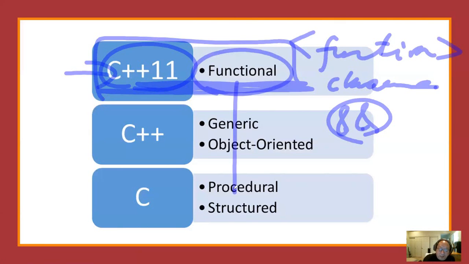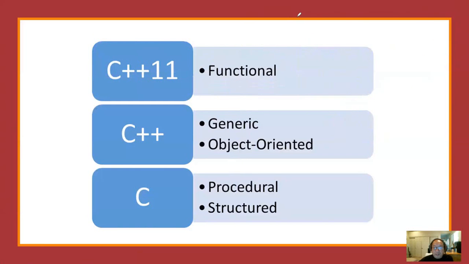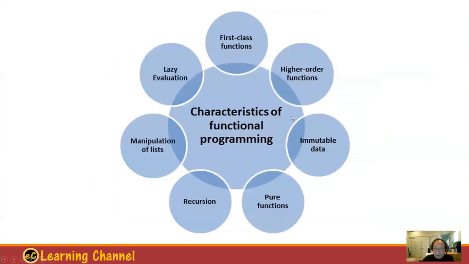So as you can see, the programming paradigm is moving this way, and Python has all of these built into its language structure. The characteristics of functional programming include first-class function and higher-order function, immutable data, pure function, recursion, manipulation of lists, and lazy evaluation.